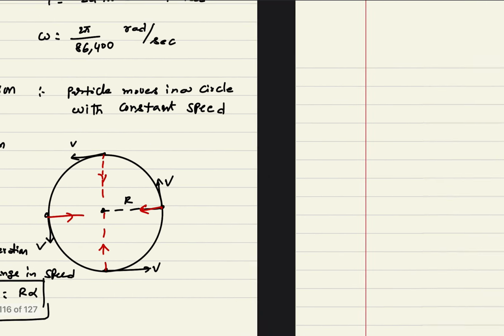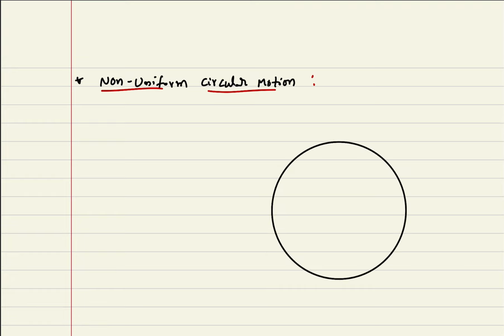Similarly, next, non-uniform circular motion. In non-uniform circular motion, a particle moves with variable speed. The speed of the particle changes.